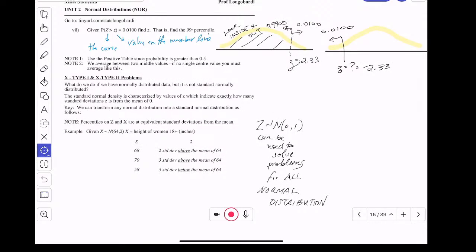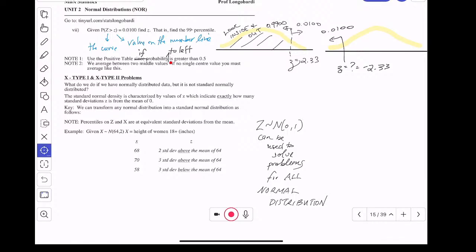this is just a general note about the whole section. Note 1, use the positive table. I guess it should say if the probability is greater than 0.5, and then average between two middle values. Like, this doesn't even apply to this question. This is just a general comment. Maybe I can change the word since to if. But that's a weird comment that I'm making, because if probability to the left, I should probably edit that.